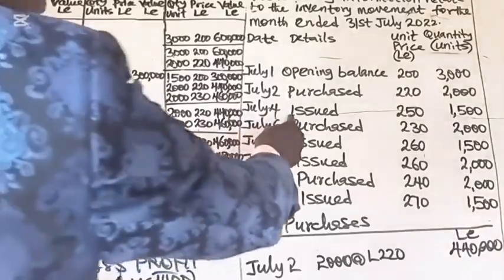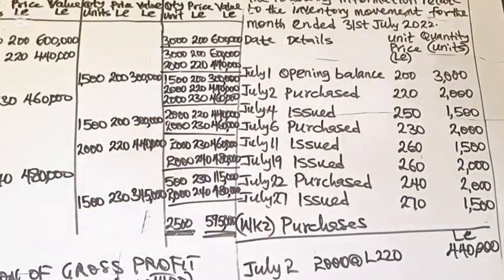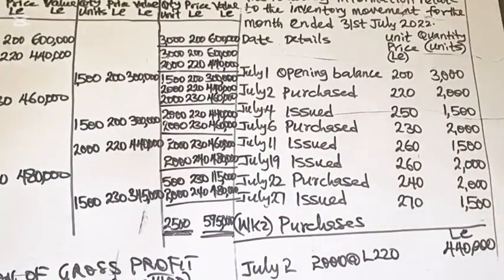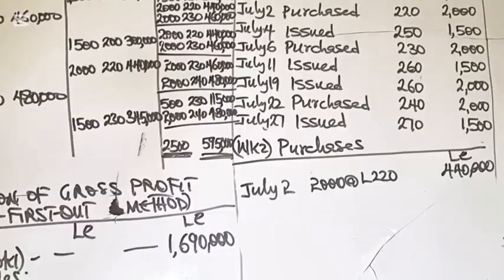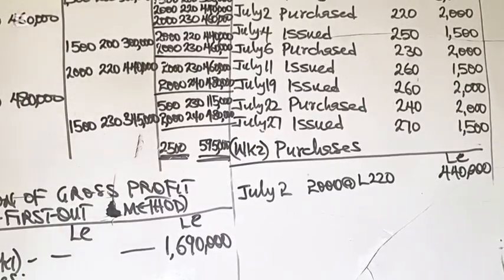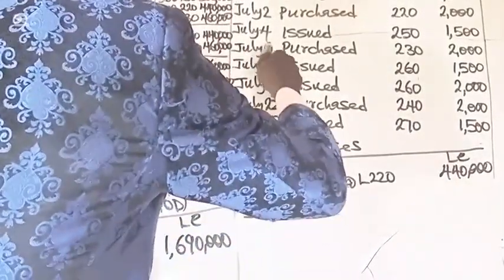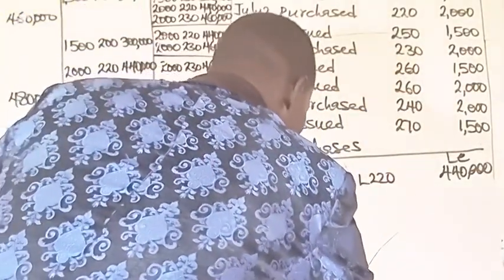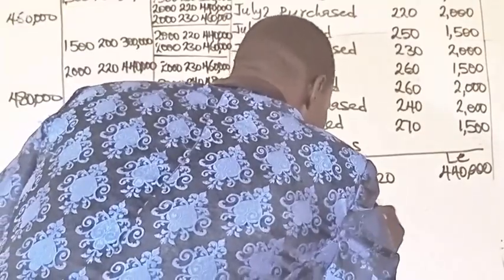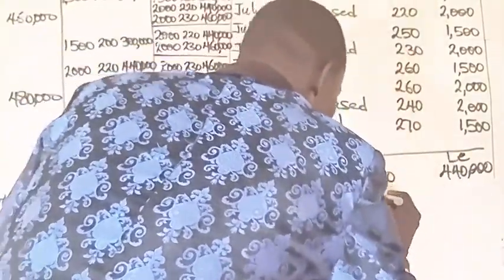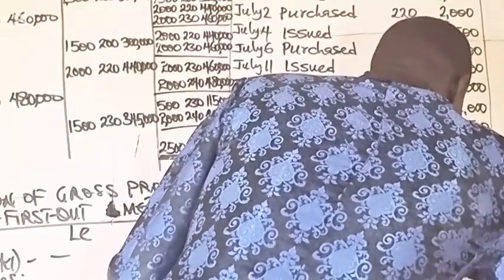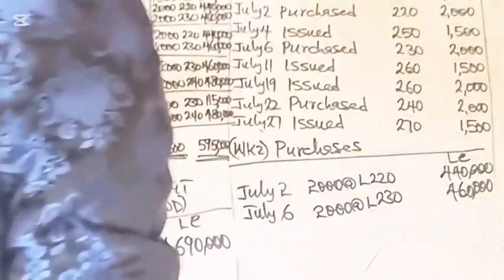Then on the 6th of July, we have another purchase of 2,000 units at the price of 230 Leone. And this gives us 460,000 Leone.